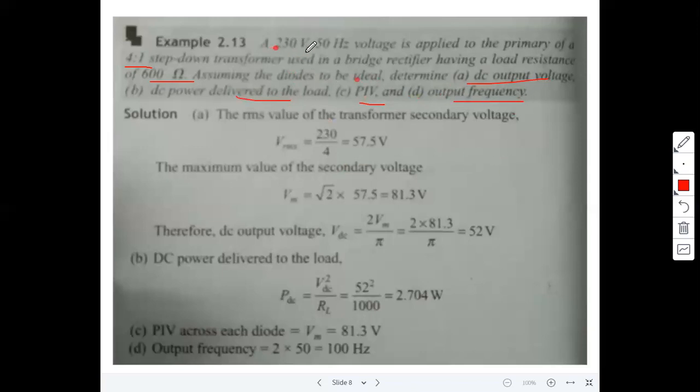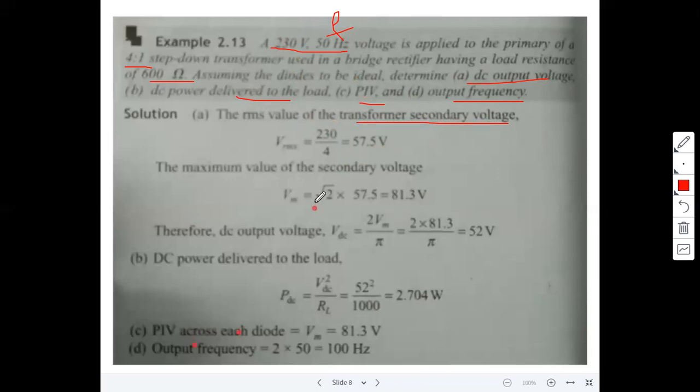Given 230 volts, 50 Hz, right? The frequency information is 50 Hz at the 230 volts primary. Now the RMS value of the transformer secondary voltage is equal to 230 by 4. Why?